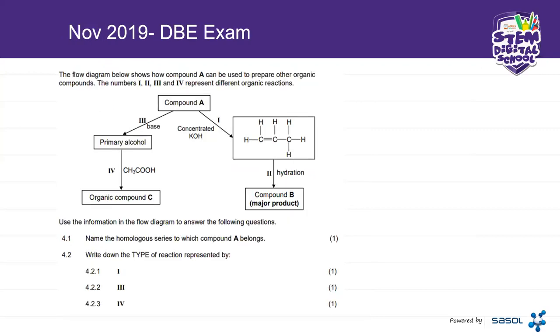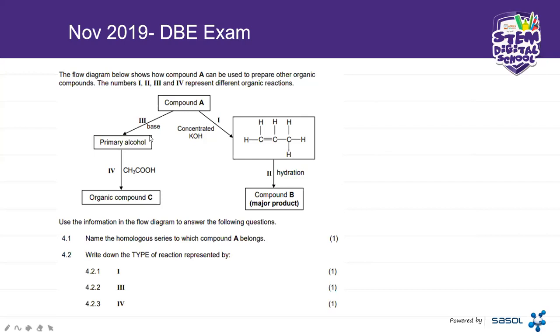Now we're moving on to the next problem. It says the flow diagram below shows how compound A can be used to prepare other organic compounds. The numbers 1, 2, 3 and 4 represent different organic reactions. That's similar to what we just did, right? We've got number 1. You can already see what's happening here, because you've got your concentrated KOH.